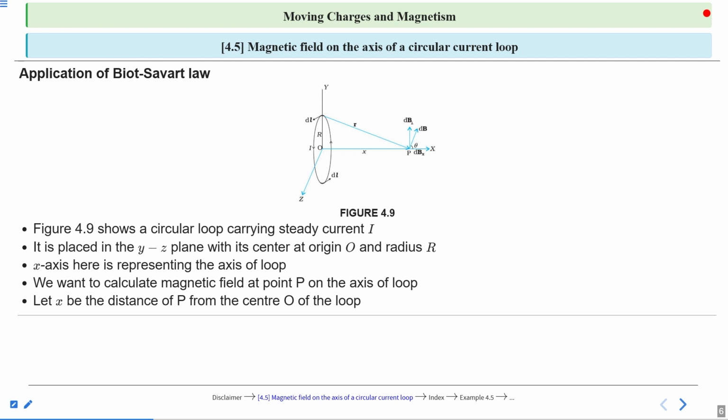The loop is placed in the YZ plane and its axis is along the x-axis, and P is the point at a distance x from the center O. And what is r? Here r is the distance of point P from the current element dl, the small current element we are considering on this loop. The r distance is the distance between point P and this dl current element.